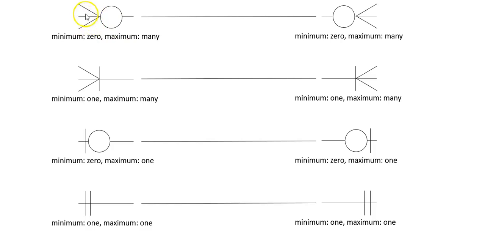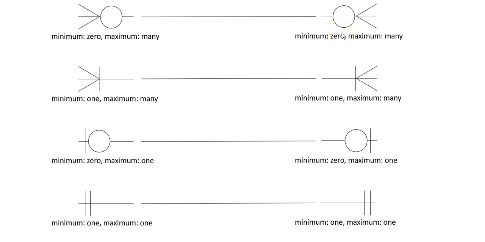That's what the crow's foot indicates. This symbol means the minimum is 1, that's the vertical line, and the maximum is many. This one means the minimum is 0 and the maximum is 1. And in this case, the minimum is 1 and the maximum is 1, and we would refer to that as 1 and only 1.